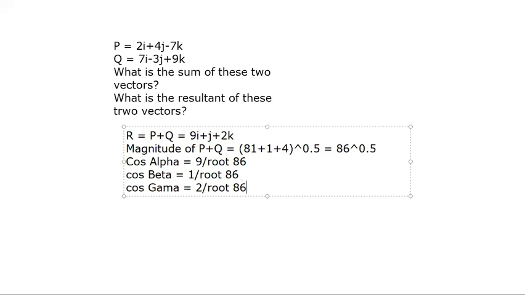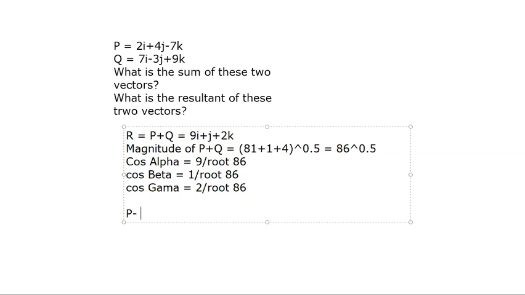So you have understood. Suppose I am asked for the resultant of the subtraction of these two vectors, the difference instead of the sum. Then what will be the result?